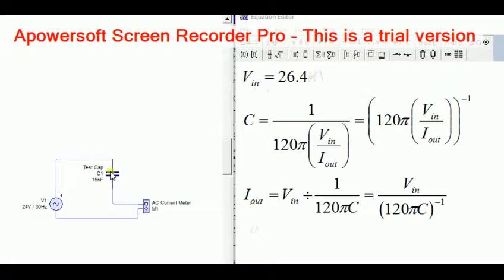And the voltage: you want it not too high, not too low, just right. You don't want it too low, where low-range capacitors can't be measured, or too high. I chose a 24 volt AC power supply, which is what I have.